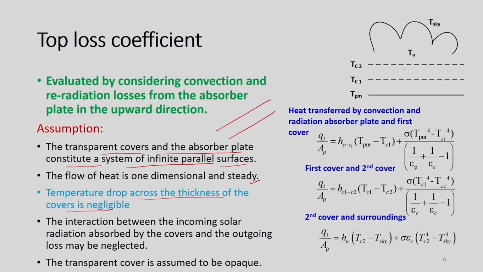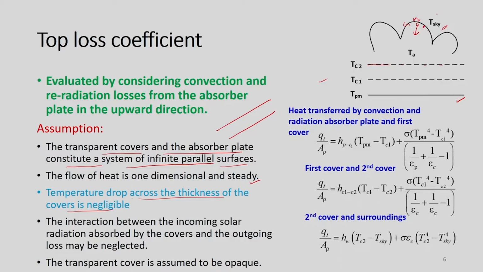For example, in this case two glass covers are present and one absorber plate, and this is the sky temperature. A lot of molecules like carbon dioxide and water vapor are present, and they also emit some radiation.